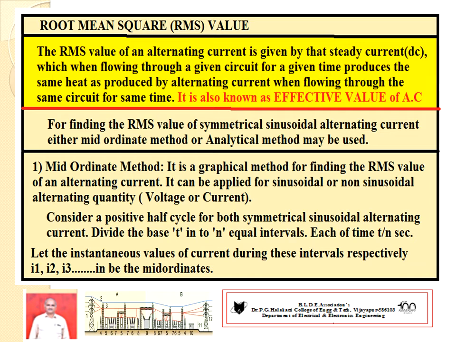RMS value means root mean square value of an AC current. To find the RMS value of sinusoidal alternating current, we use two methods. Number one, the mid-ordinate method. Number two, the analytical method. The mid-ordinate method is a graphical method used to find the RMS value of sinusoidally varying alternating current.